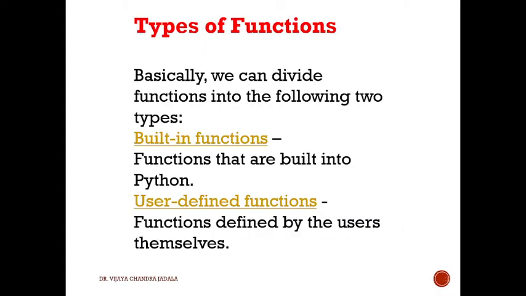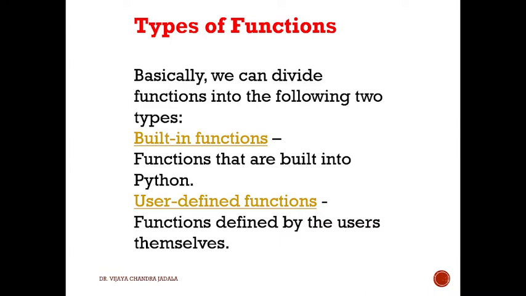Types of functions. Functions are broadly classified into two types. One is built-in functions, another is user-defined functions. The functions that are built in by Python are called built-in functions, which already exist.